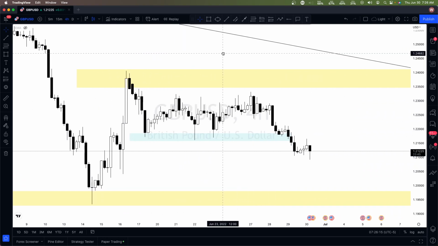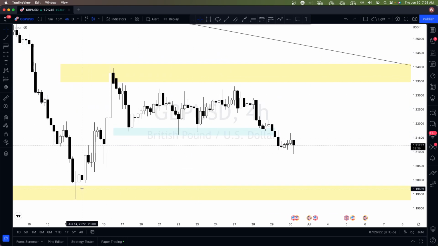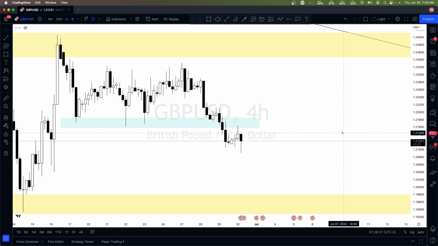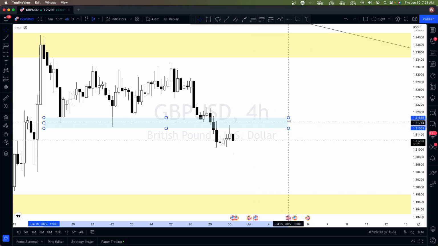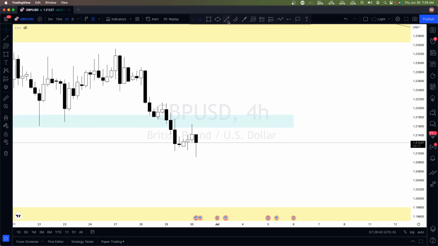Here's our most recent high on a daily. So on a 4 hour, that's when we came up in this day period. And we stayed above this area. And now we finally went below it and came up, retested it. So definitely looking for sells.